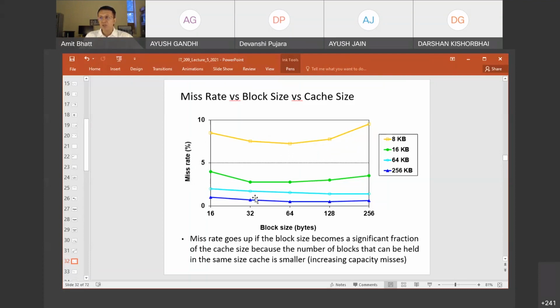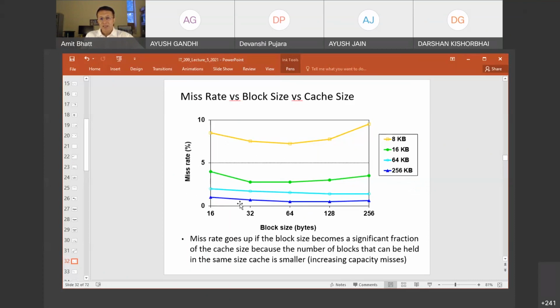But if your cache is too large, that problem will not be there. One thing which we have not yet considered here, and if you are attentive enough, you must have realized: what happened to our concept of having a small cache so that you can quickly find the data? And you said you have made your cache like 256 KB. Yes, that is going to be a problem, but that is not a figure of merit here. There is no axis here which says access time.